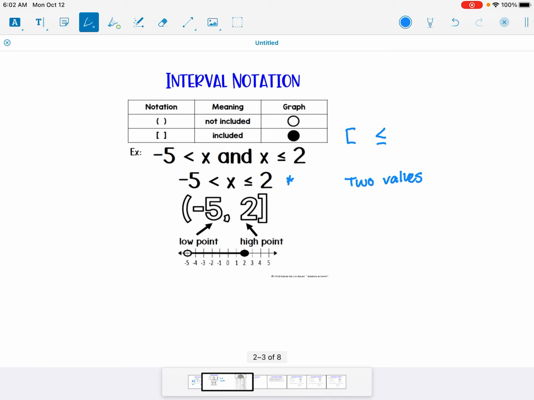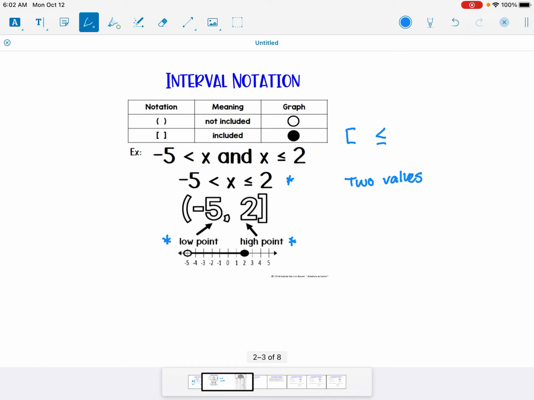And notice the picture here: the lower point or the smaller value has to be on the left. It has to start the interval. And then the higher number needs to be on the right because it needs to end the interval. It is really important that you have those in the right order, because the normal way to write anything is smaller, comma, larger.